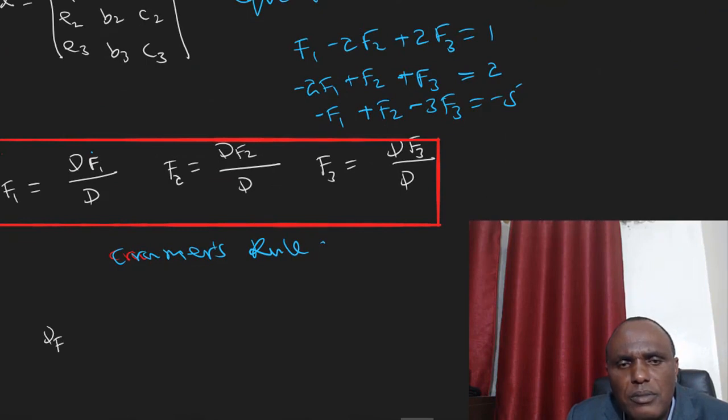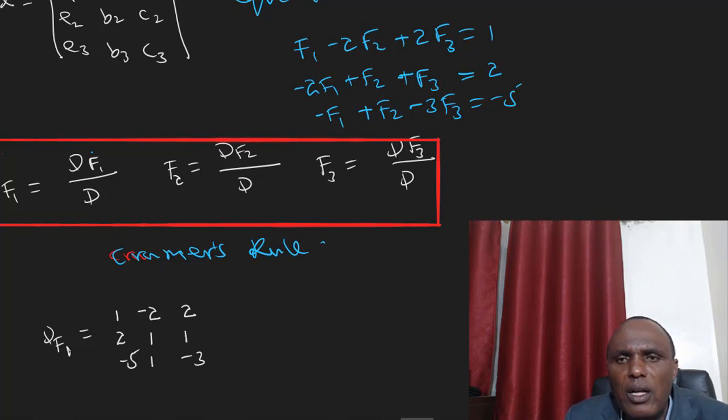df1 is the determinant of this matrix: -2, 1, 1. Then here 1, 2, -5, then 2, 1, -3.